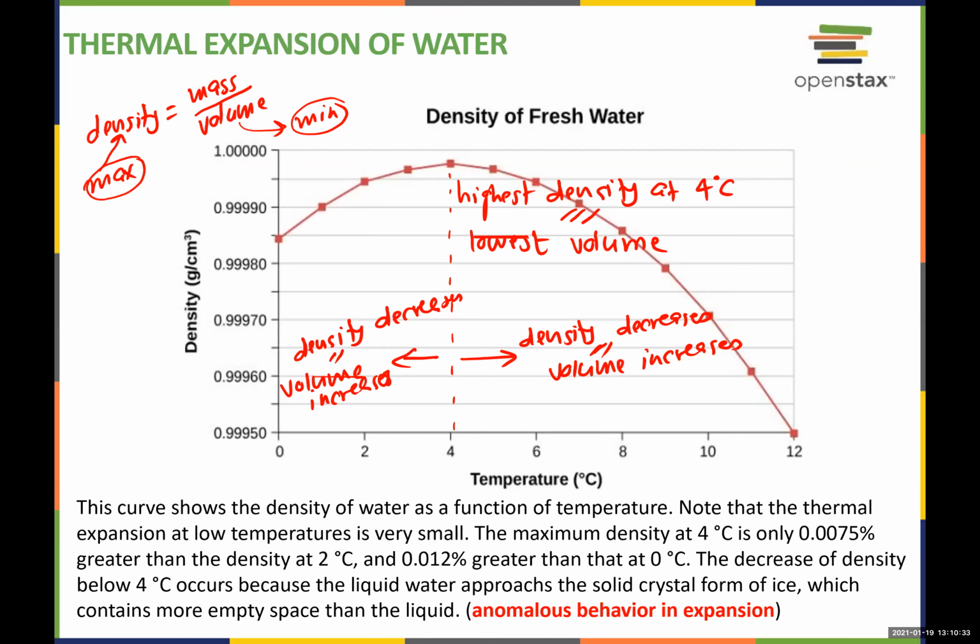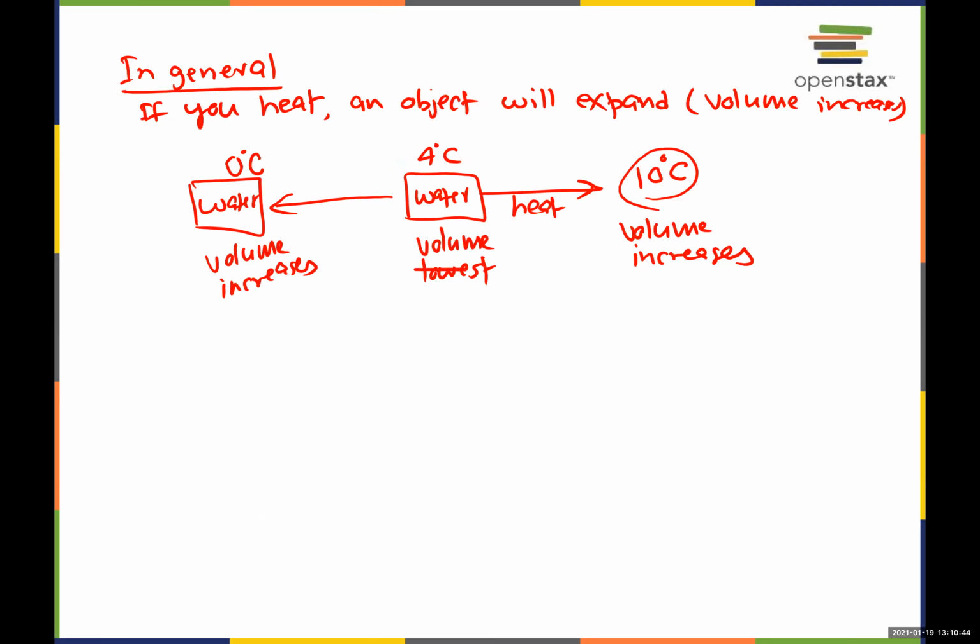So this kind of behavior that water shows differently is called the anomalous behavior of water, or anomalous expansion. This is a very important concept. Because of that, fish can survive even if the lake or pond freezes.